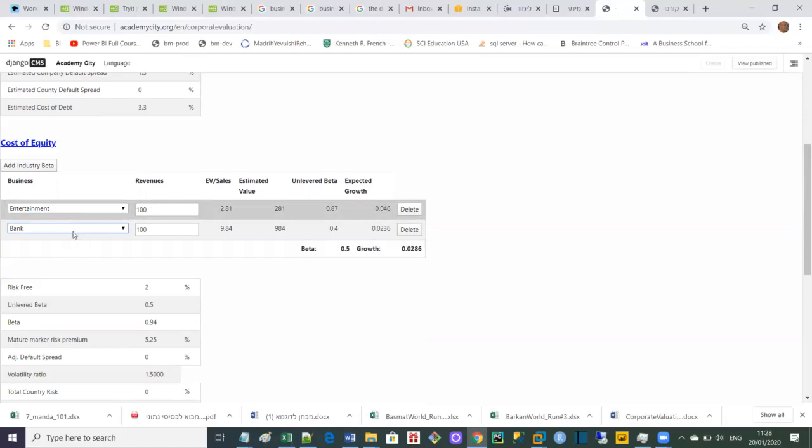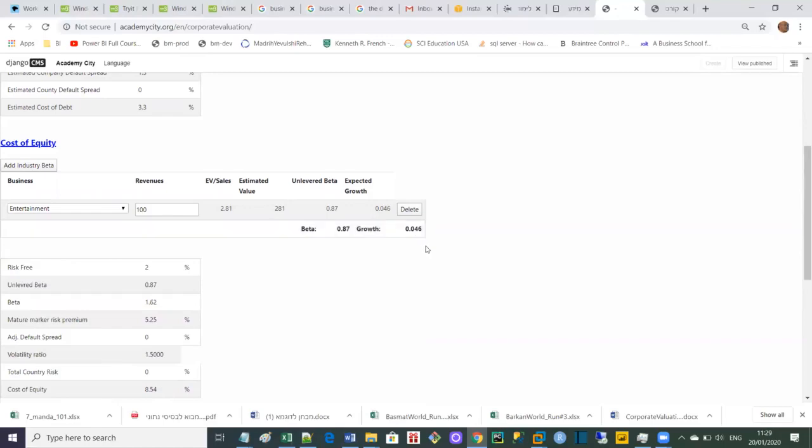If they had two segments, they should have a note to the financial statements stating how much is the revenue for every segment, okay? In the case of Netflix, there's only one, I think, so therefore I'm going to delete this row. Deleting a row is just simply by clicking delete. It automatically gives me the beta, gives me the growth rate from the right data.